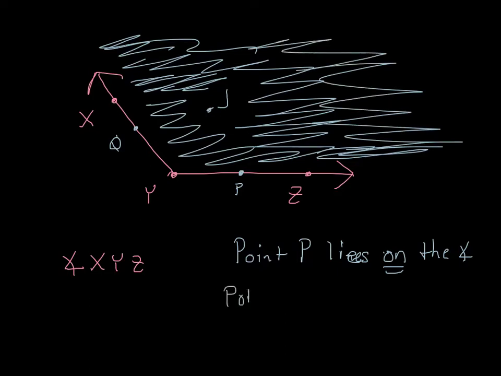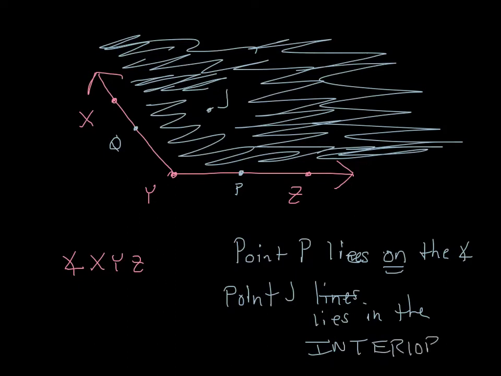So the point J lies, I keep spelling lines, let's correct that, lies in the interior of the angle. Running out of room, so squeeze it in: the interior of the angle.